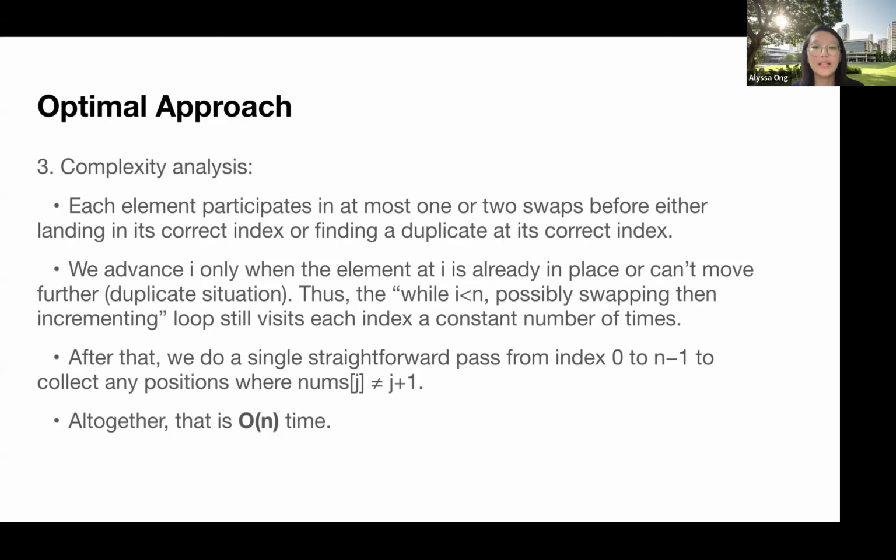So even with possible swapping, the loop still visits each index a constant number of times. After that, you do a single straightforward pass from index 0 to n minus 1 to collect any positions where nums[j] is not equal to j plus 1. Altogether, this is O(n) time.